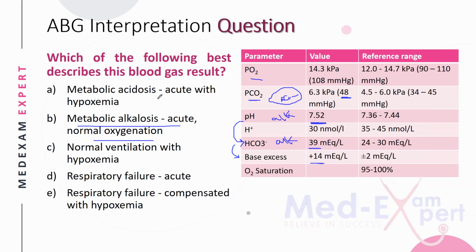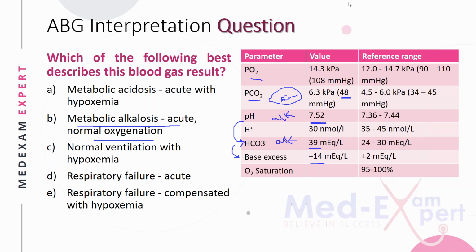Yes, I know that the body starts to form some sort of compensation, but do you have any choice here that says there is metabolic alkalosis with compensation? Of course, if in the options there is one option that says metabolic alkalosis with compensation or compensated, I will say yes, you are right. But also I want to add something.